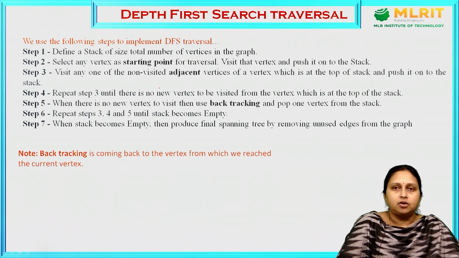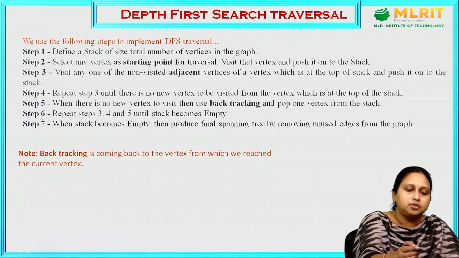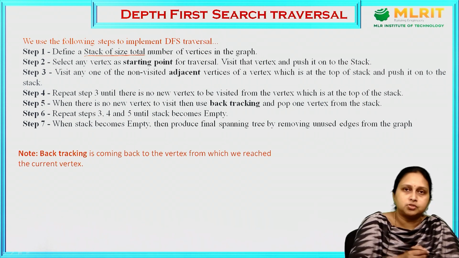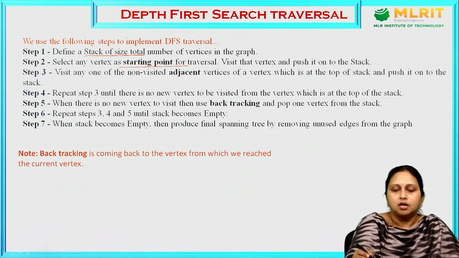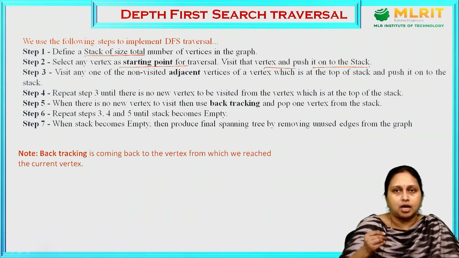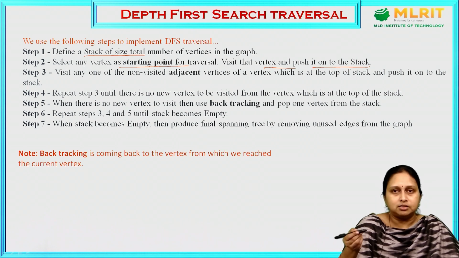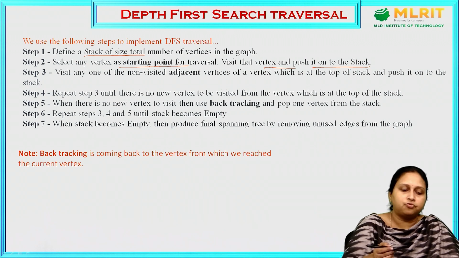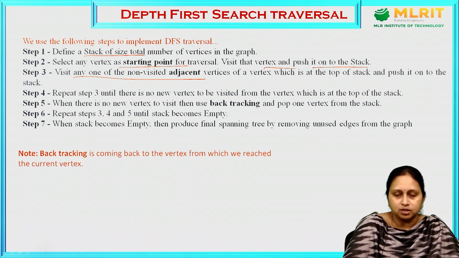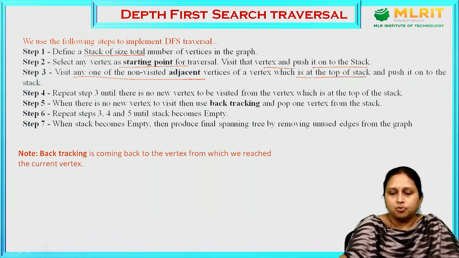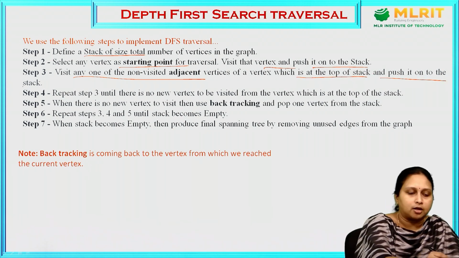Now you can see here the steps you are going to follow in DFS. The first thing, define the size of the stack. You can select any vertex as the starting point of the traversal, visit the vertex and push it onto the stack. Previously we used a queue, that's why we used the names insert or enqueue. Then, take any one of the non-visited adjacent vertices of the vertex at the top of the stack and push it onto the stack.